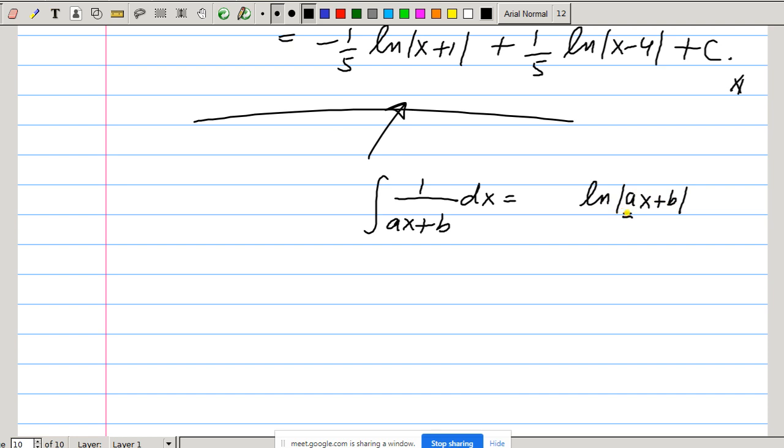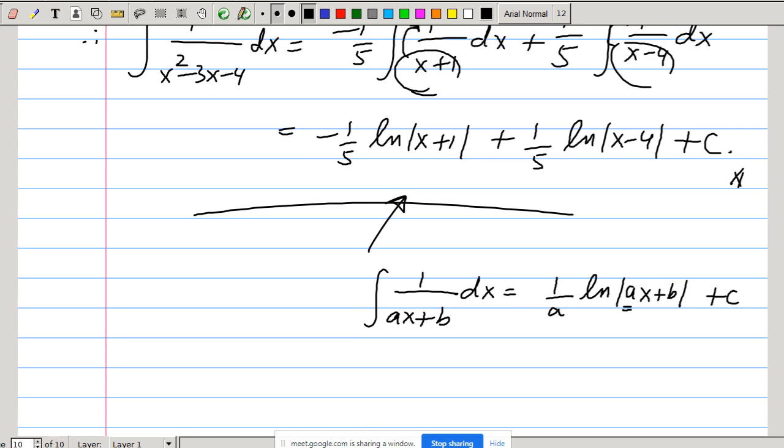But if you have this a here, you divide by a outside. See, there is no a in both the factors, a is 1 in both, so b has no contribution in your answer. Whatever linear factor you have in the denominator, it goes to the log.